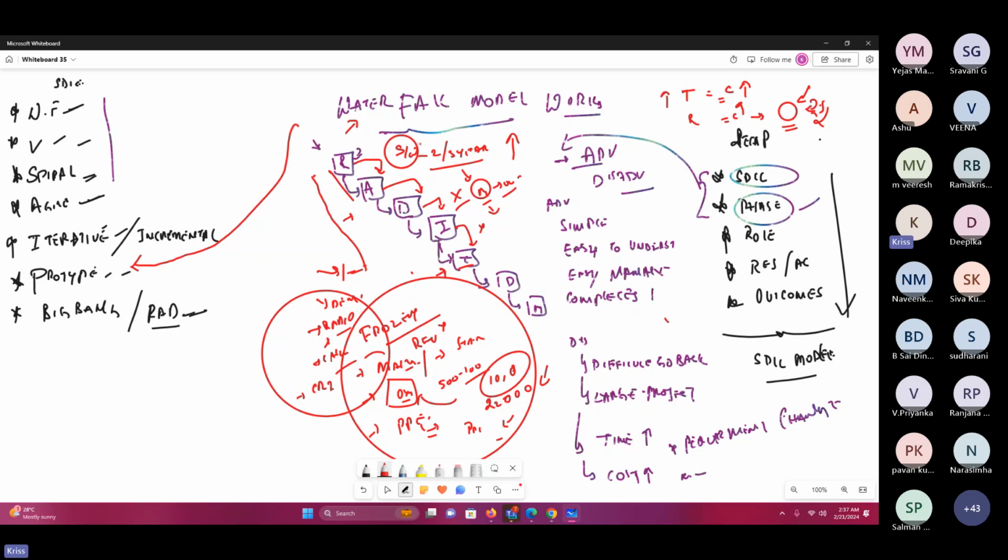The basic overview of the waterfall model is that once one phase is completed, only then does it go to the next phase. This is very simple to understand and easy to use. Requirements are frozen, which is one advantage, because if I keep coming and asking you to change this and change that, it would be a big problem.